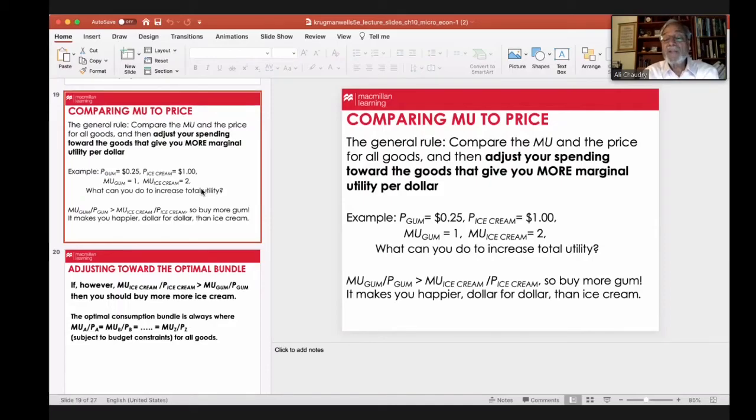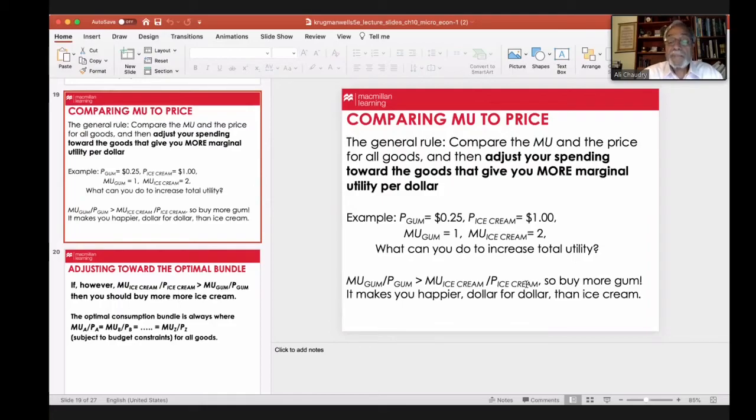So the marginal utility of ice cream versus gum, compared with the price that we pay for each, is the key rule that we use. We want to use the rule that says, what is the marginal utility of gum divided by its price versus the marginal utility of ice cream divided by its price?